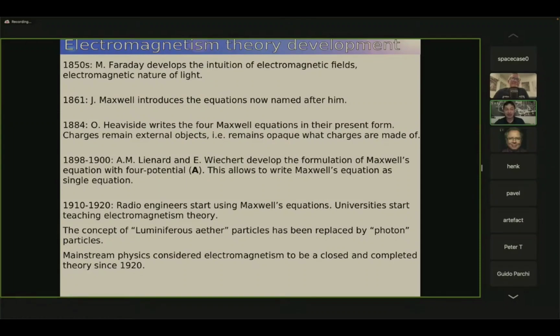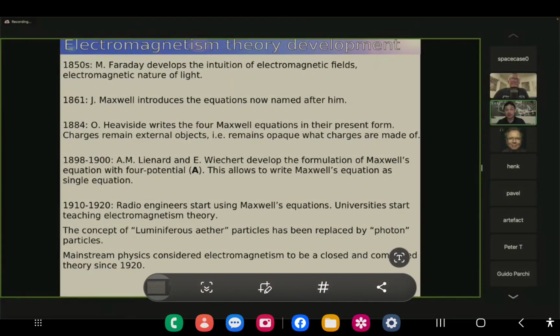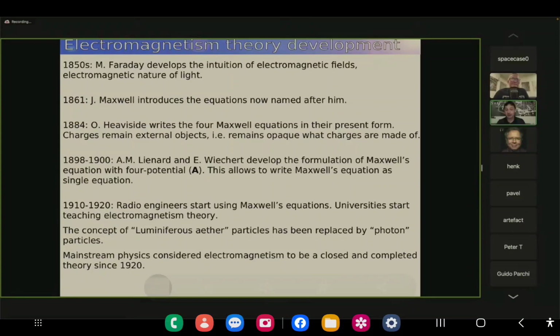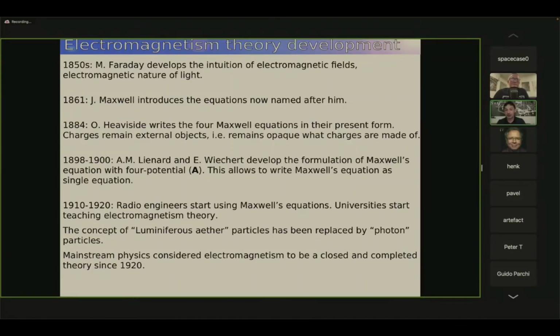So it actually was only around 1910, 1920, when radio engineers started using Maxwell's equations. And then it had to go mainstream because once it's commercial, once engineers are using it, the physics community has to follow suit. And this, I think, for our community is also important inspiration, that this is really how big innovations happen. First, it's a fringe community, there is a useful application, and then it goes mainstream. That, I think, is the usual way.